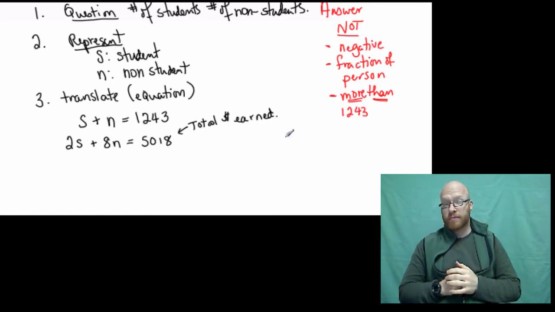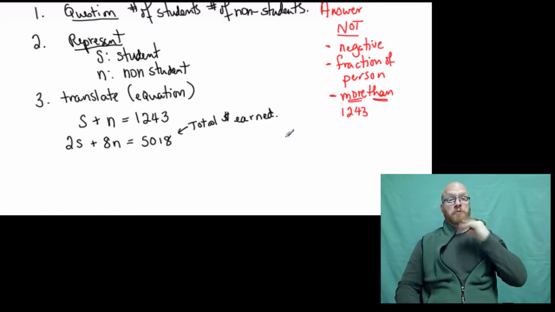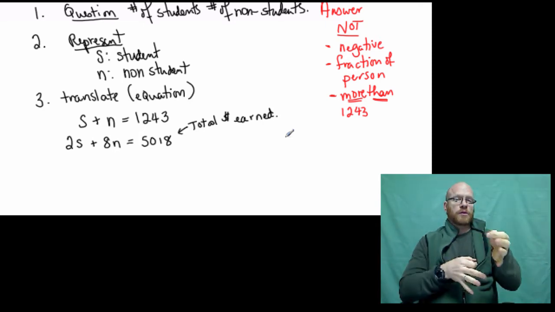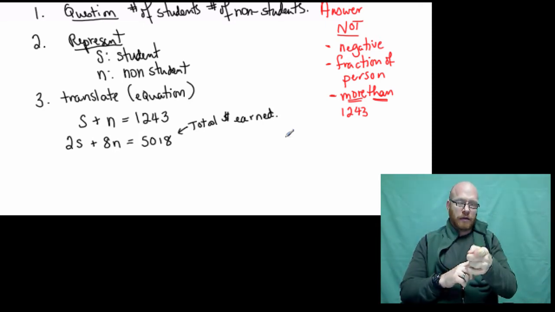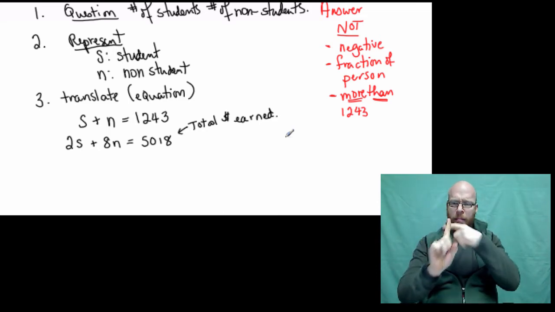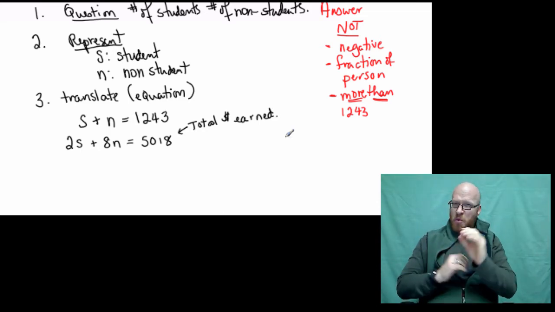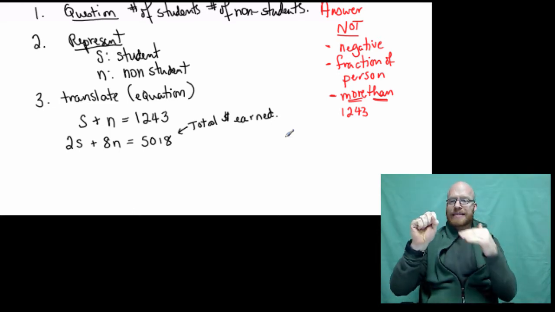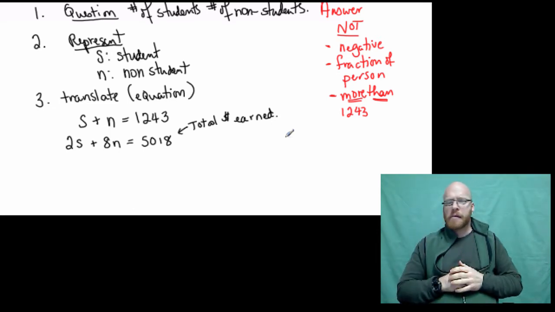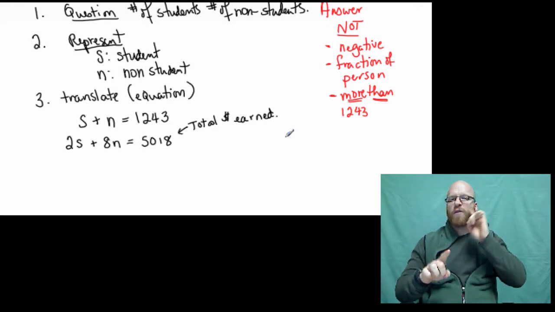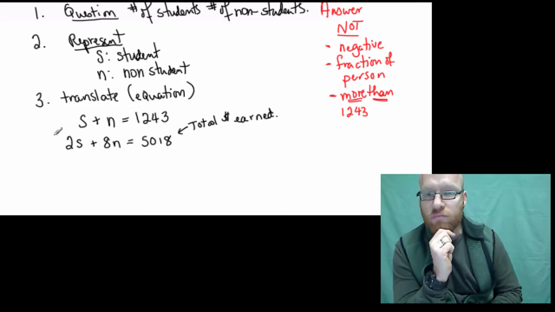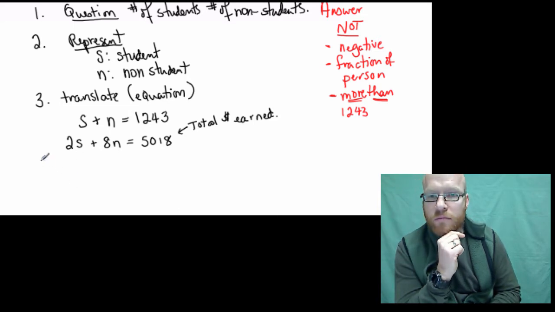Now we have three methods to choose from. We could use a graphing method, substitution method, or elimination method, but really, in this kind of problem, most often I use the substitution method. You can see here the s variable and the n variable, s plus n, neither one of them have coefficients, so it would be easy to solve for either one of those and isolate the s or the n. I'm going to solve for s, or isolate for s first.